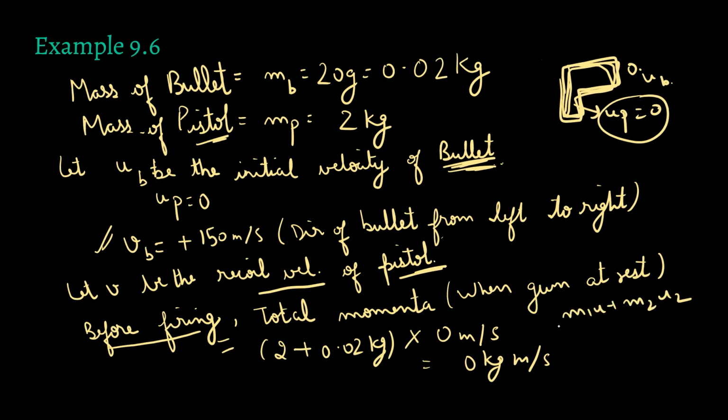In this case, it is mp up plus mb ub. Now up is 0 and ub is also 0 because initially your system is at rest. You are holding the pistol in your hand. So what is your initial momentum? 2 into 0 plus 0.02 into 0, which comes out to be 0 kg meter per second. This is your initial momentum.